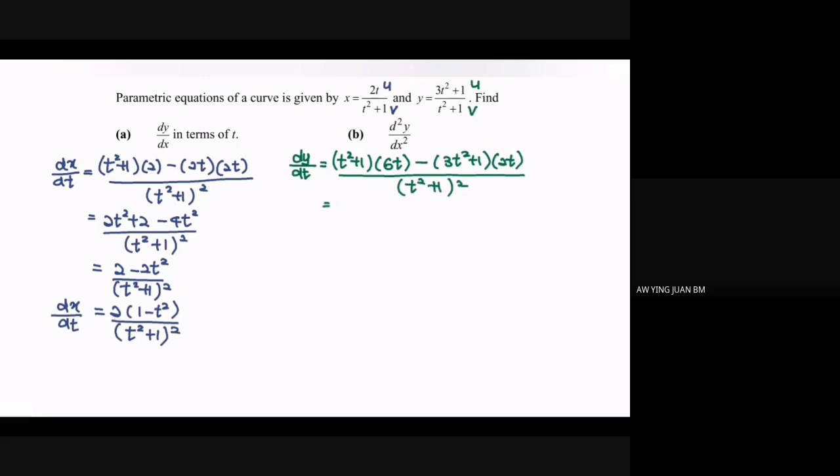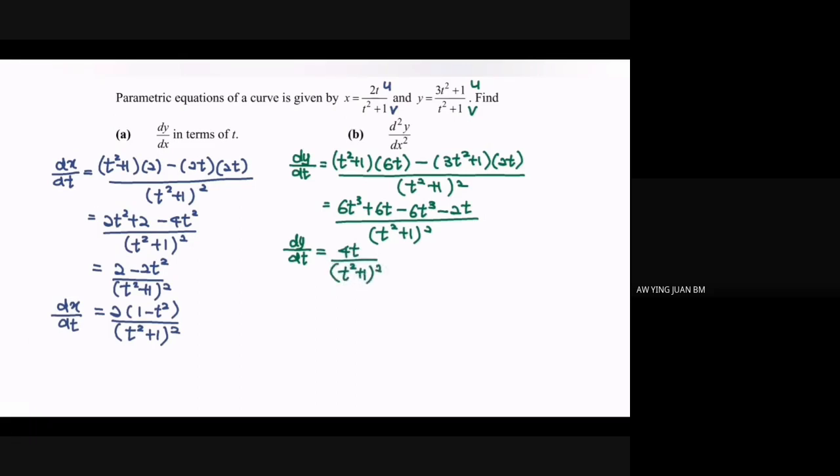Expand the situation and then simplify. So 6t cubed plus 6t minus 6t cubed minus 2t over t squared plus 1 power of 2. So dy dt is equals to 4t over t squared plus 1 bracket square.